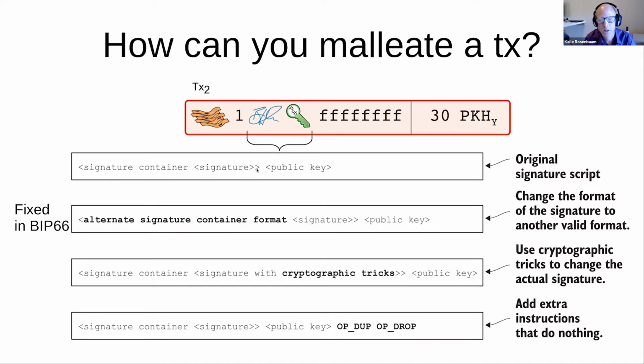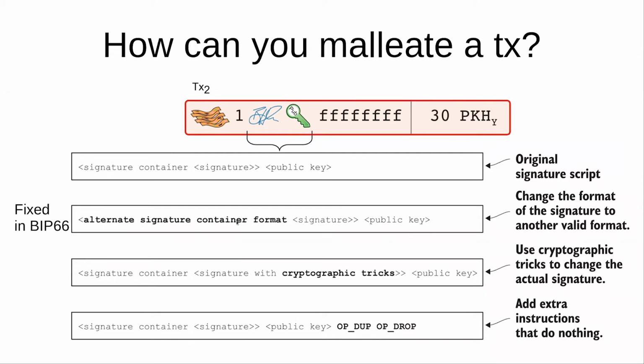And we can just view it as a container format for a signature. Now, the problem with this container format is that it's not canonical. You can write the container in different ways.